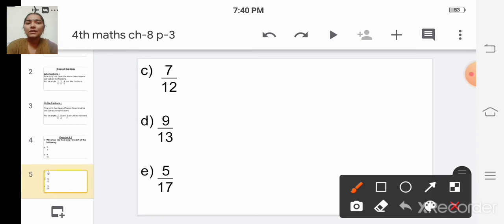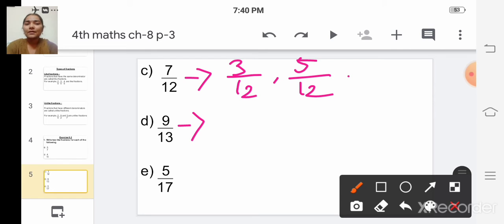And for the next one, 7 by 12, what we can write? 3 by 12 and 5 by 12. For the next fraction, 9 by 13, shall we write 7 by 13 and 8 by 13?